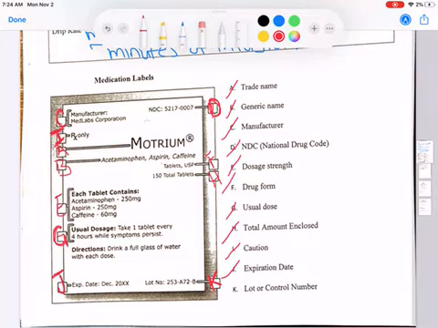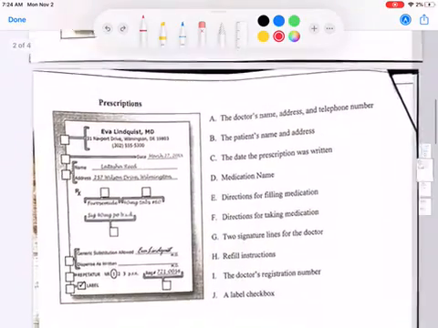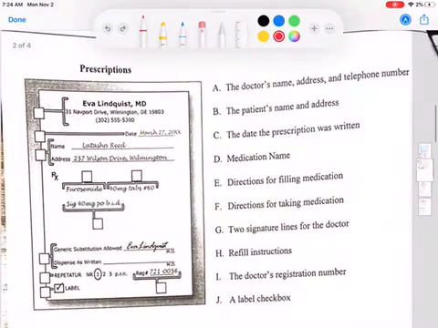If you're ready to move on, I'm going to move on to back in the day before doctors sent your prescription to the store, they actually gave you a piece of paper. So I'm going to show you what those look like. So back when doctors actually wrote out medications, this is what the paper would look like.